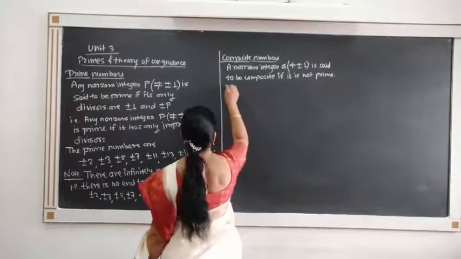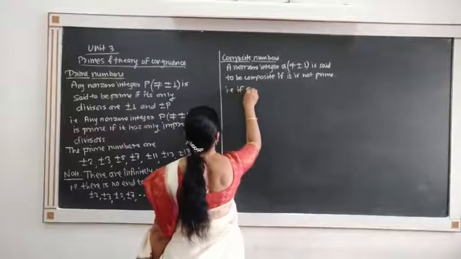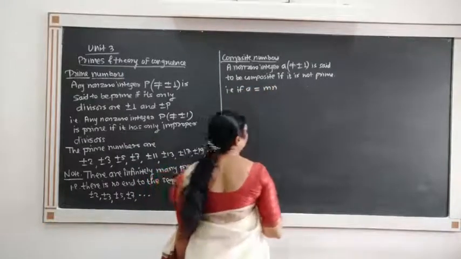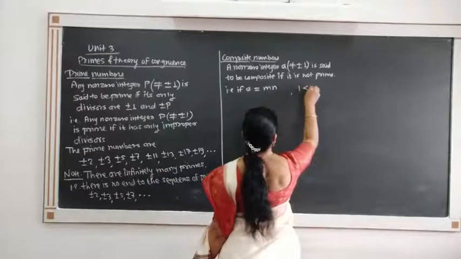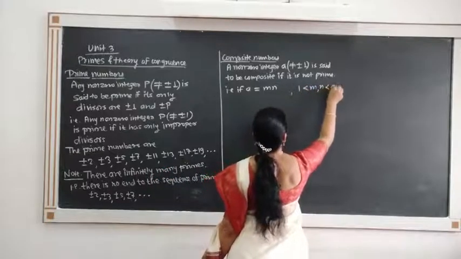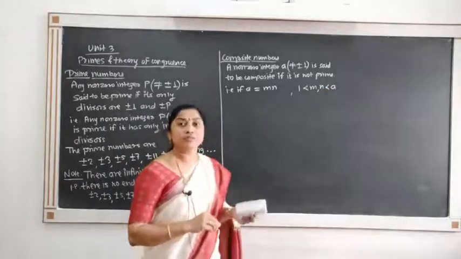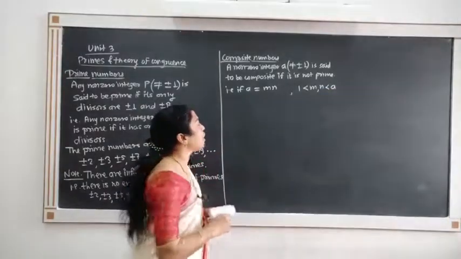That is, if a can be written as m into n, where 1 is less than m, n, which are less than a. So a has proper divisors and therefore a becomes composite.